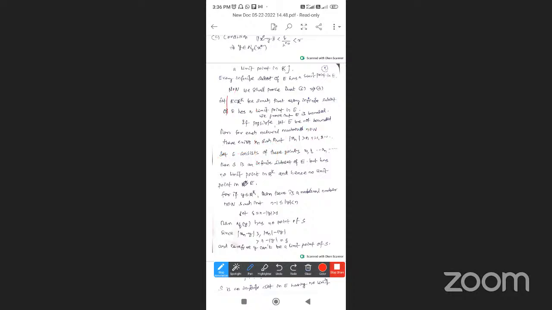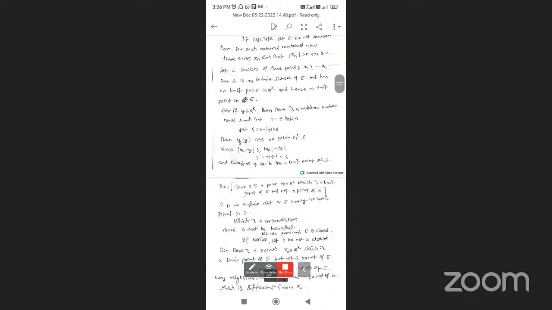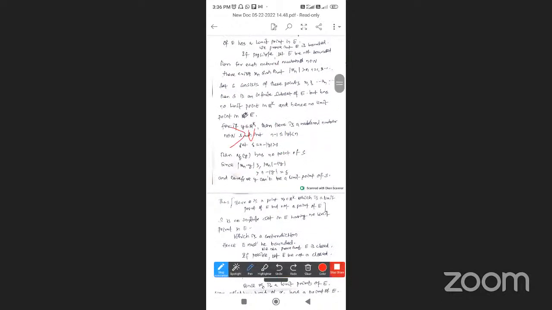Then the delta neighborhood of y has no points of S. That is, mod of Xn minus y is greater than or equal to mod Xn minus mod y, which is greater than n minus mod y, equal to delta. Therefore y cannot be a limit point of S.